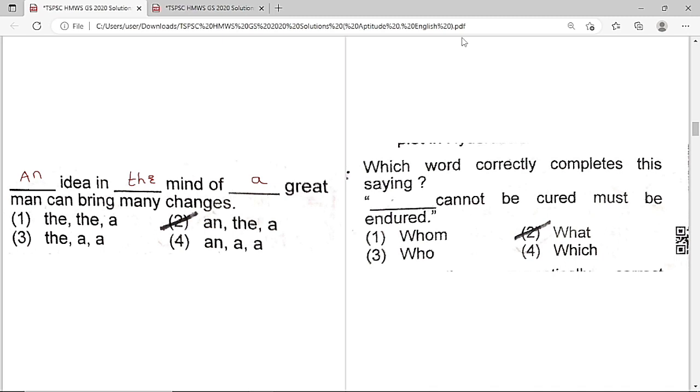So an idea in the mind of a great man can bring many changes.